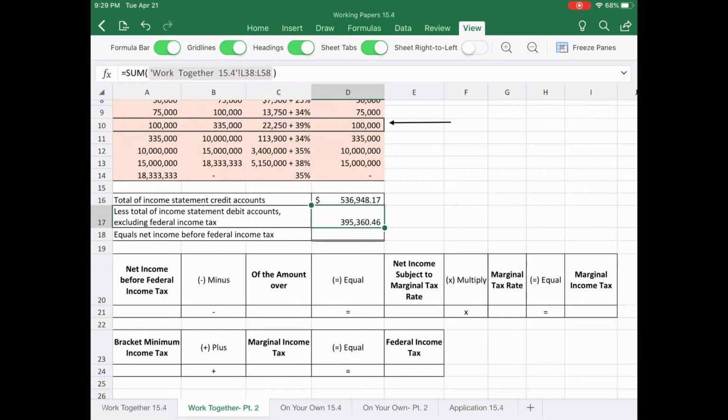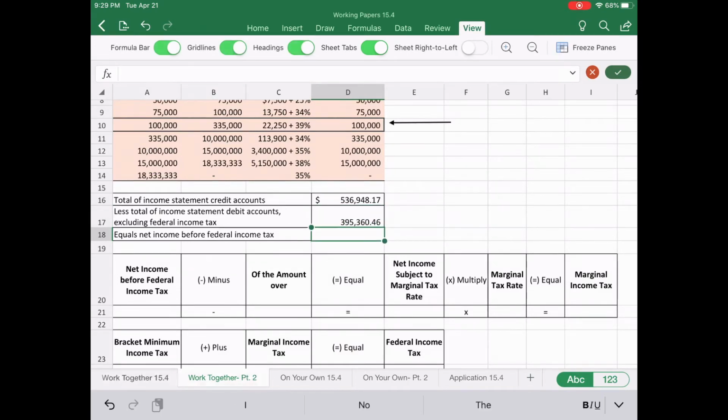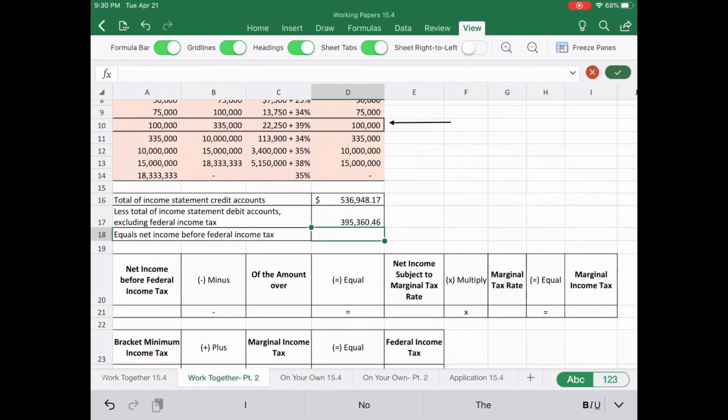Hold on, I need to adjust that. I'm adjusting it so that it doesn't include this cell, because remember it didn't want the federal income tax expense.